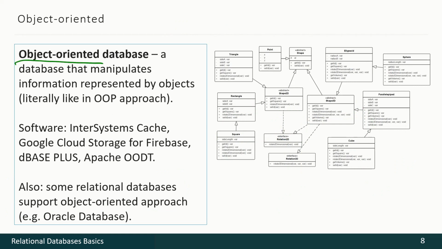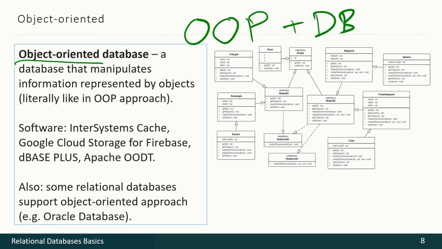Object-oriented or object-relational databases are a kind of combination between object-oriented programming and classical databases. So here we have some concepts of OOP allowing us to perform more tasks with the database in more ways.